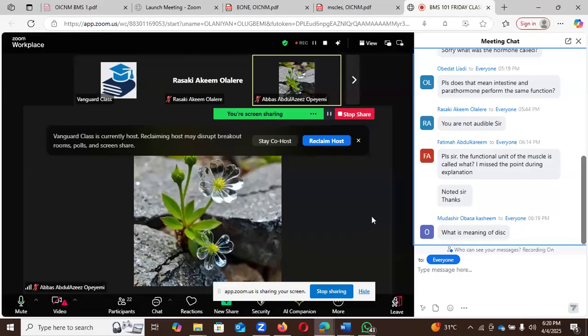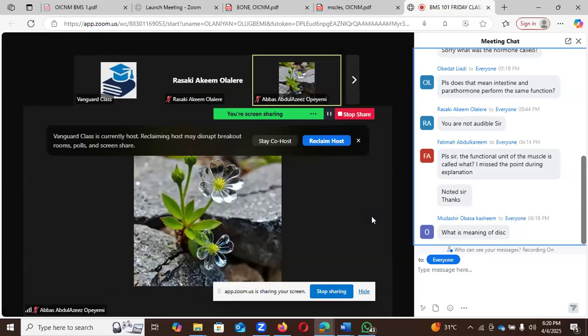Mrs. Olukade should have taught you types of junction in a muscle, for example, gap junction. So intercalated disc is a type of junction.